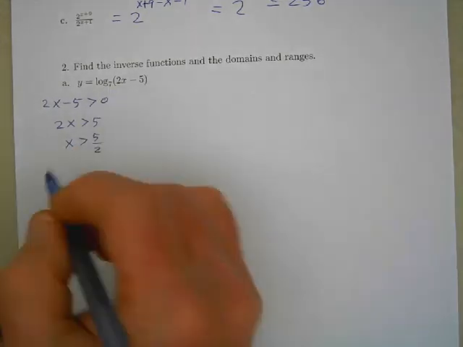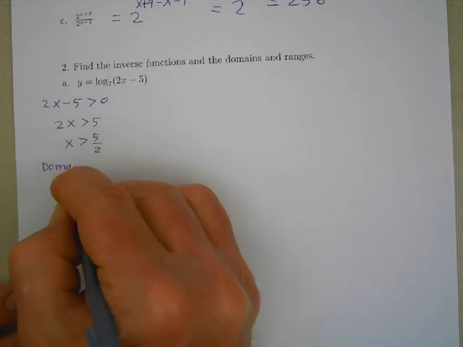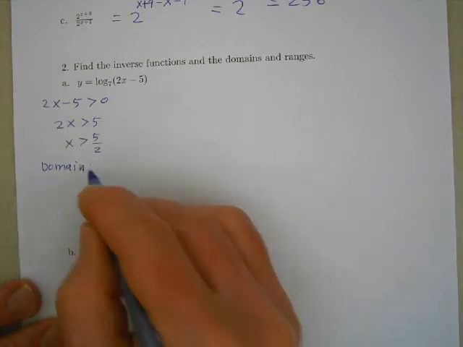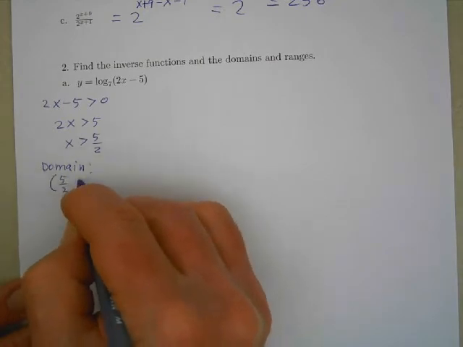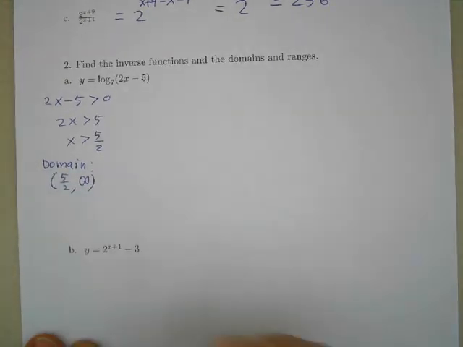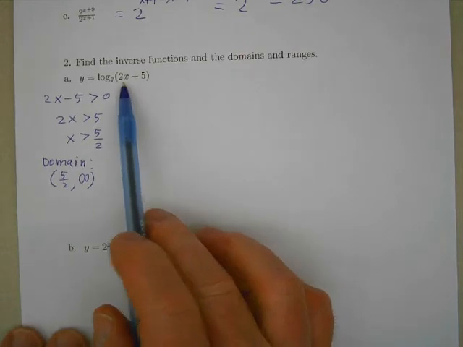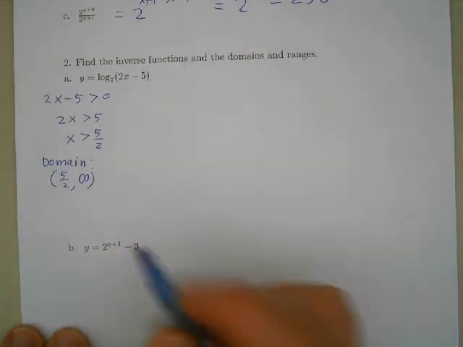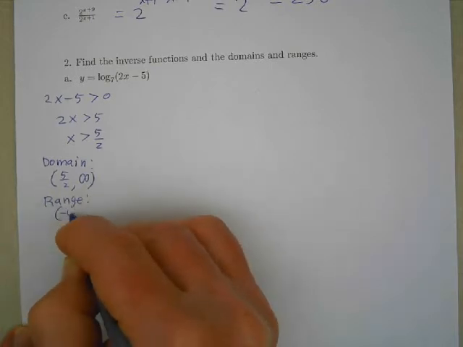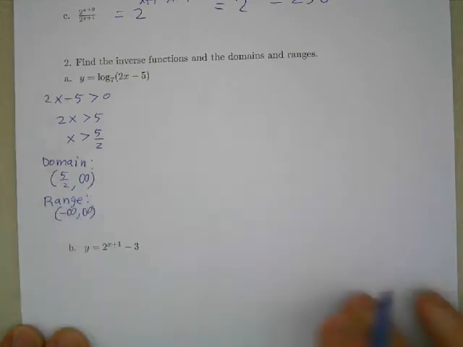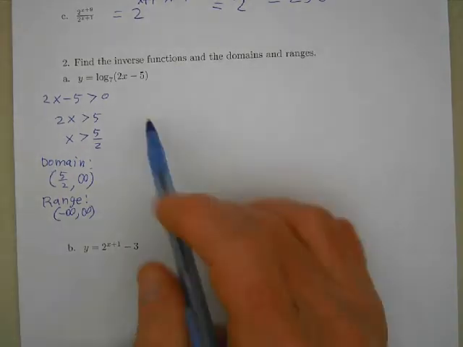So the domain of the logarithmic function, in interval notation, is parenthesis 5/2 comma infinity. That's the domain. Since the argument is just linear, the range is all real numbers from negative infinity to positive infinity. And then we'll find the inverse.